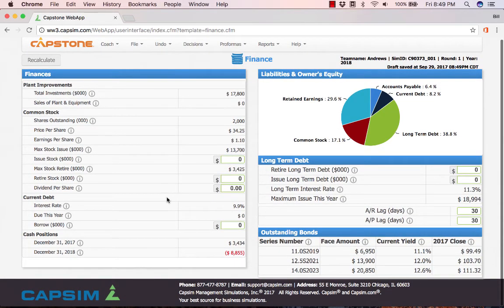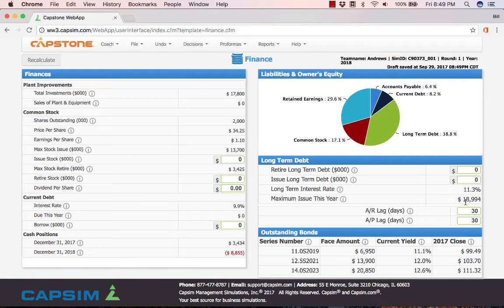Well, I try to stay away from short-term debt because you have to pay that back the very next year. So I'm going to look at my long-term debt. And a trick: the simulation is 8 rounds in length. The bonds are 10-year bonds, so that should tell you something about whether you have to pay the principal back or not. This tells me that I can issue $18,994 worth of bonds.